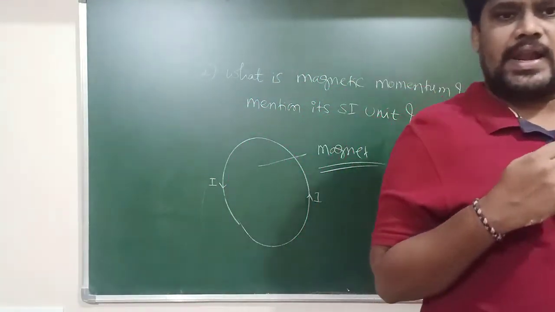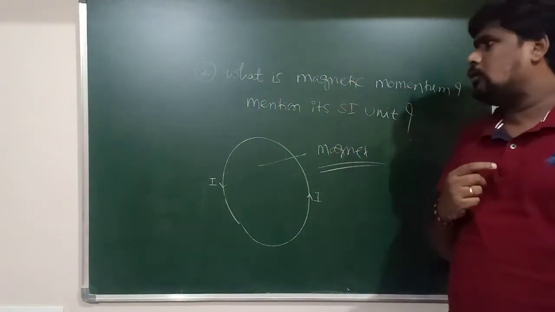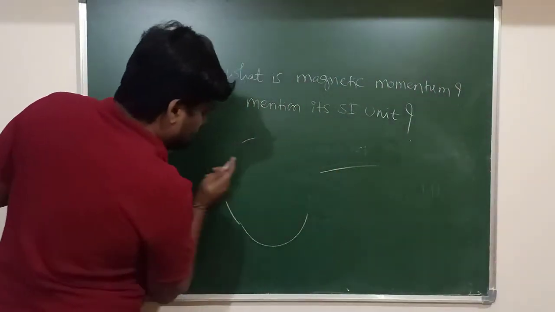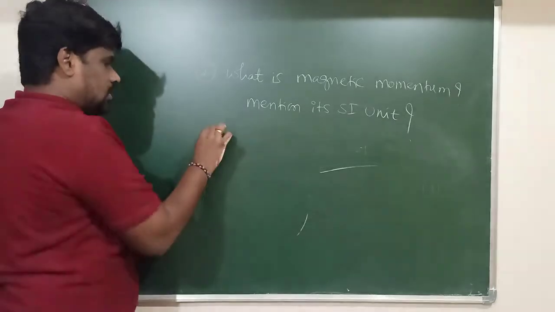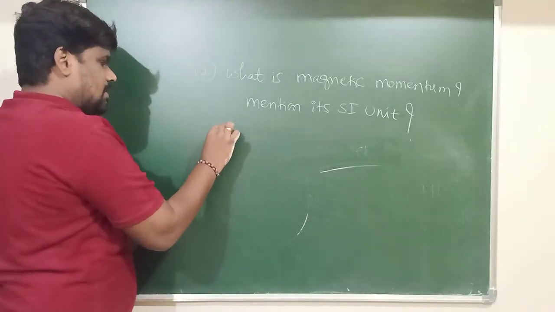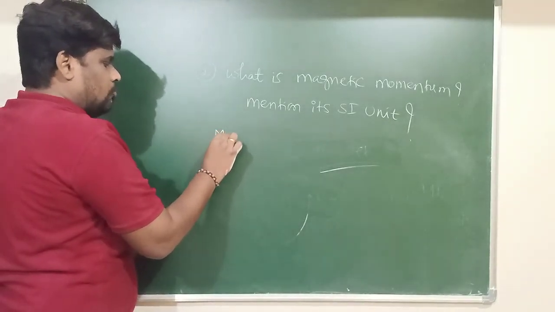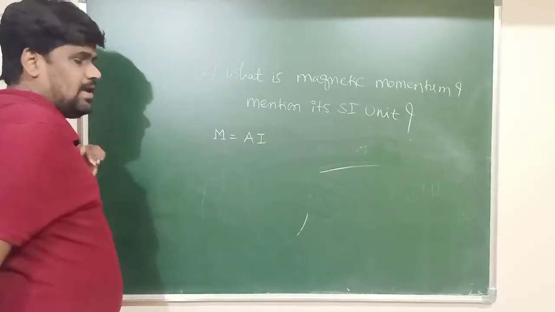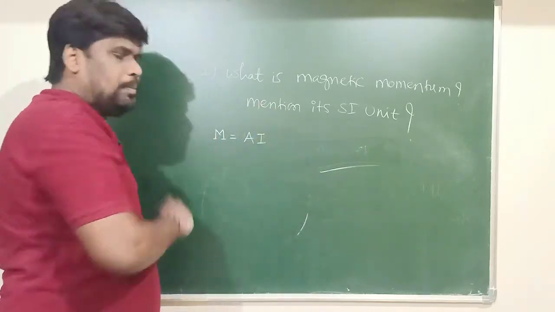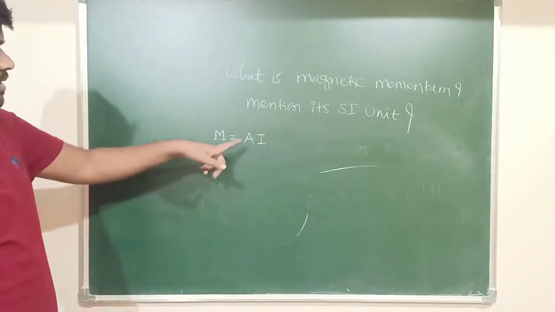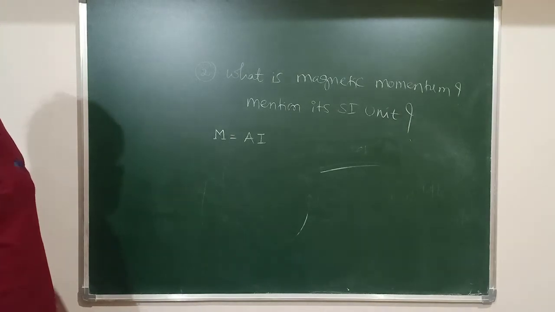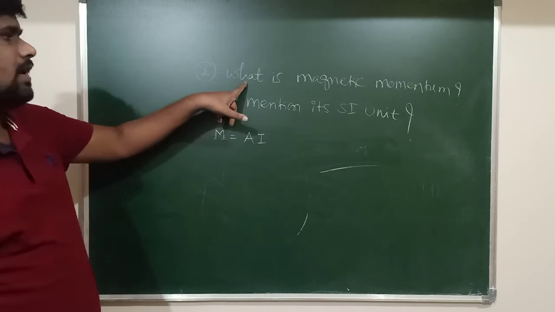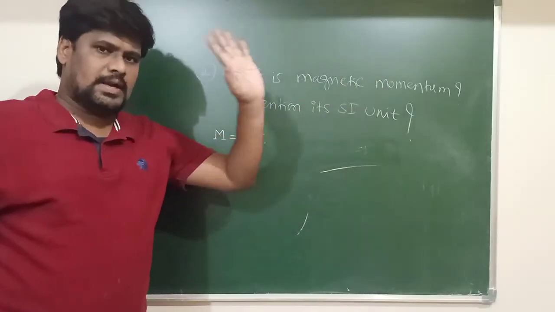The magnetic moment is generally denoted by M. M is given by A into I. What is A? Area of the loop. What is I here? Current in the loop. The product of the area of the loop and the current in the loop, we will call a magnetic moment.